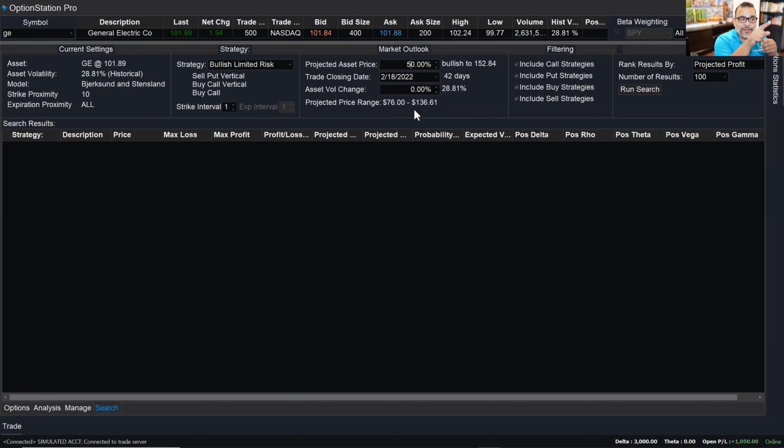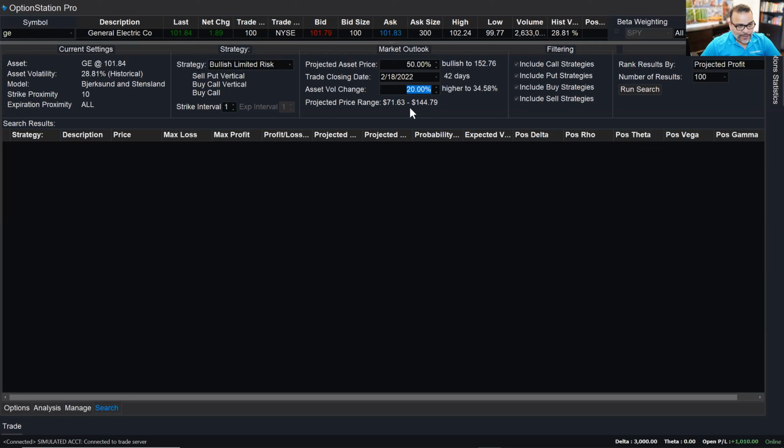Of course, if we think that the price of General Electric is going to go up by 50%, we need to also factor in some volatility change. Otherwise, we are outside the range. If we think that the volatility is going to increase by 20%, now it's going to go to 34%. Now we are getting closer to that target.